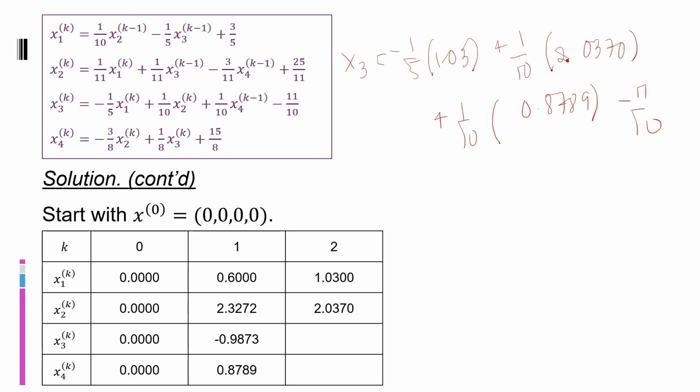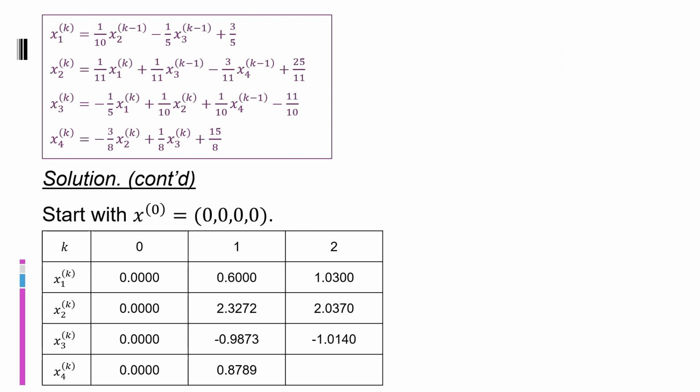That is equal to negative 1.0140. And finally, x sub 4 equals negative 3 over 8 times 2.0370 plus 1/8 times negative 1.0140 plus 15 over 8. And that is equal to 0.9844.